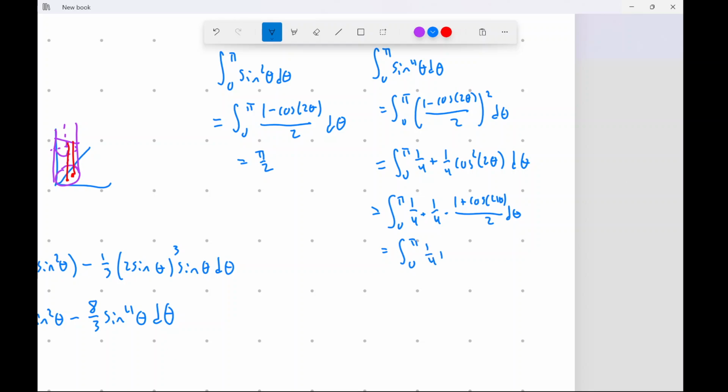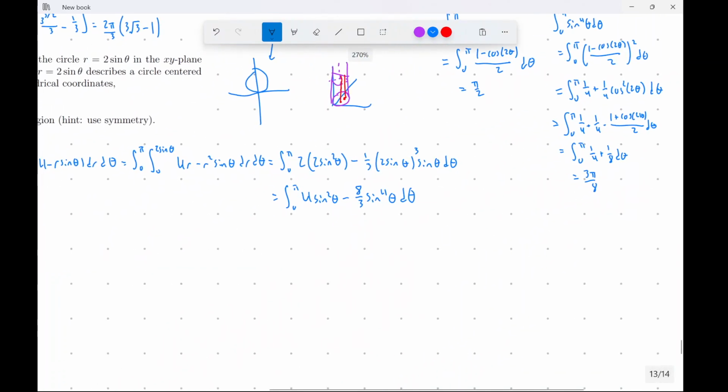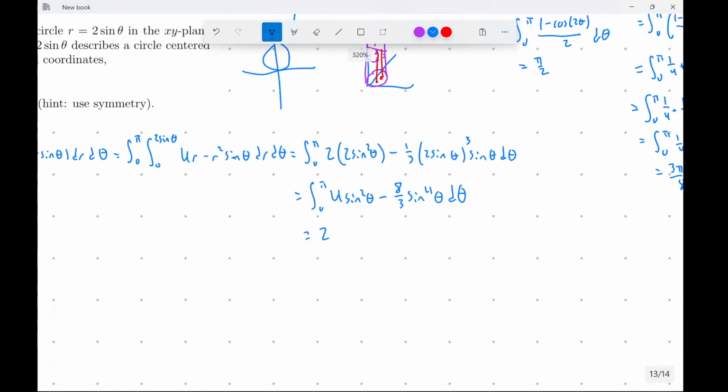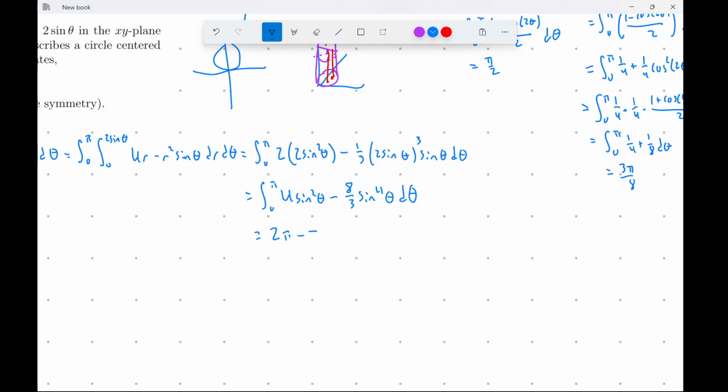And this will be 1/4 plus 1/8, which, and now this is the part that I actually struggle with, 3 pi over 8. Okay. So this is equal to 2 pi for the first one, minus 8/3 times 3 pi over 8, which is just pi. That's pi.